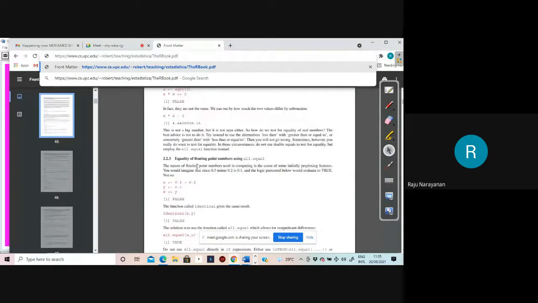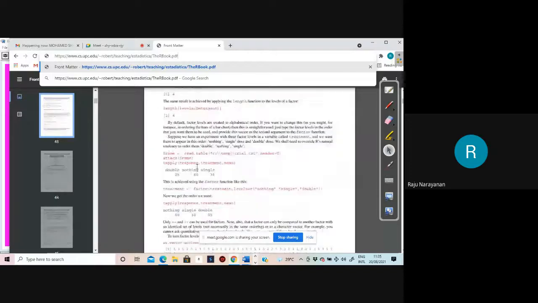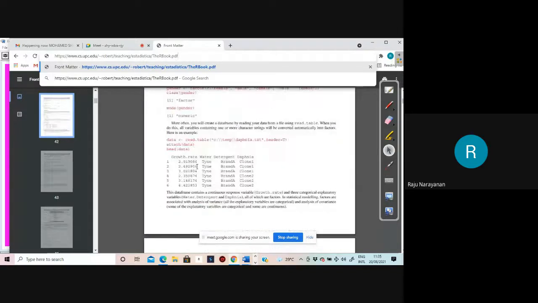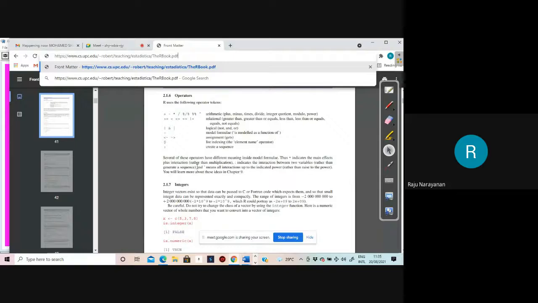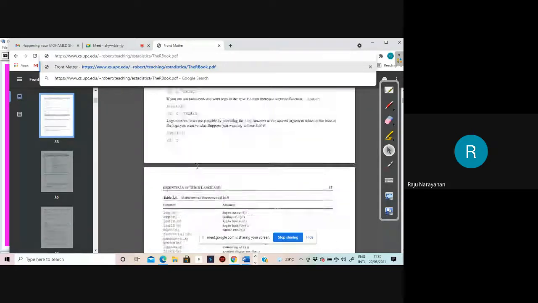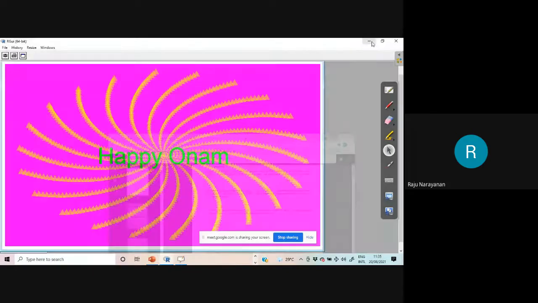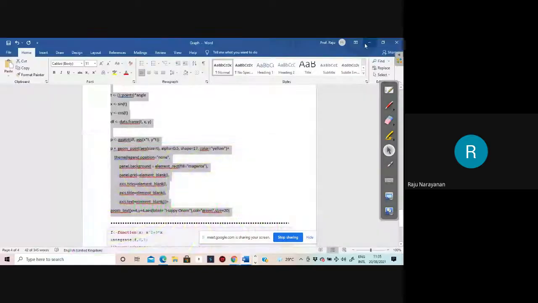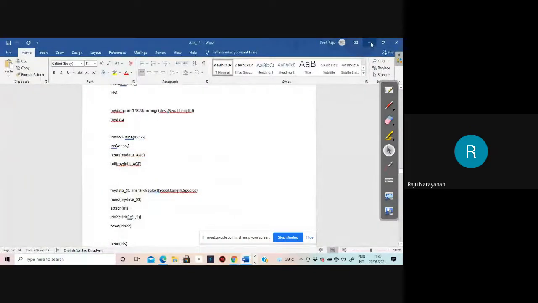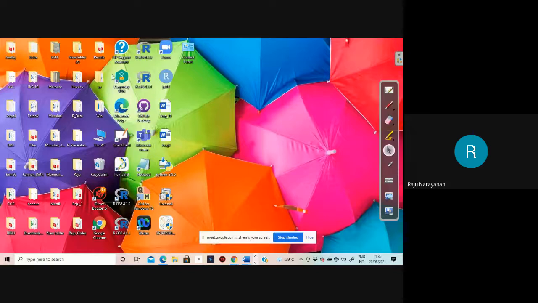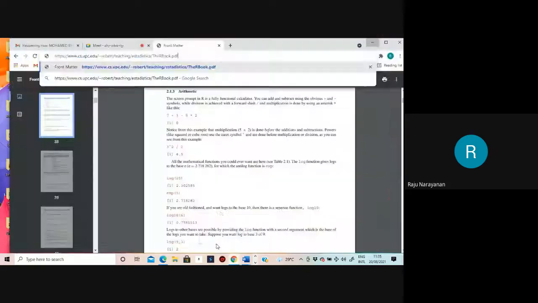When you become a teacher or something like that, when you start getting salary, then you can buy this book by paying money. Another wonderful book is there, machine learning with R. I have downloaded that book somewhere here. That's also a beautiful book.